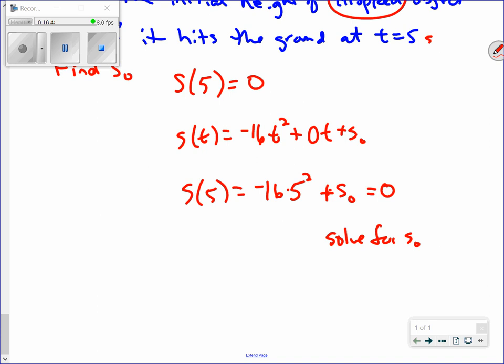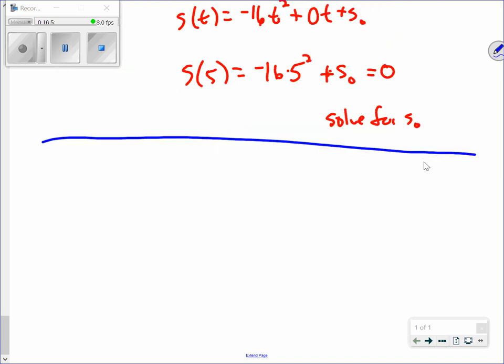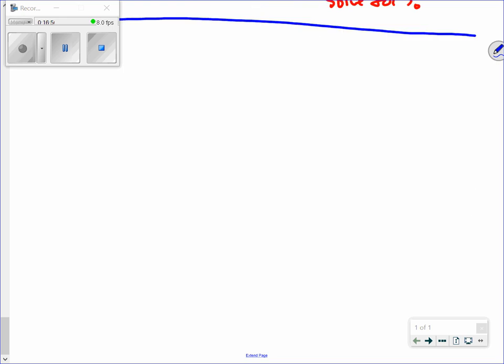Okay? There's a secondary piece that comes into this that I need to make sure you're aware of. And this is true for all linear motion. Anything that's moving in one dimension, straight up and down, or completely left and right. Those are the 2 most typical things. So, 1, the sign of the velocity.